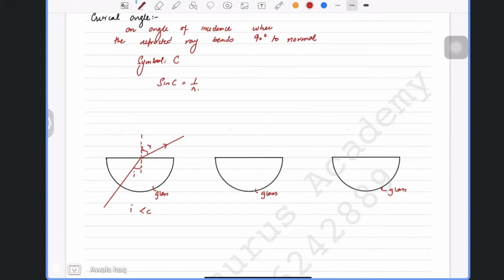This would be R. But when the angle of incidence is increased to a certain point where the angle of incidence is equal to critical angle, that's when the ray is going to go like this, which basically means that the angle of refraction is going to be 90 degrees. Do you guys understand this?